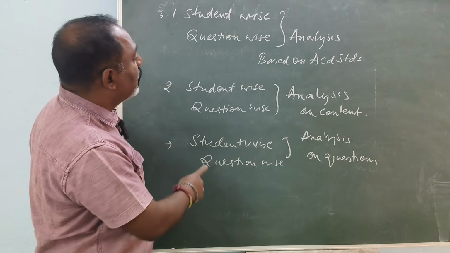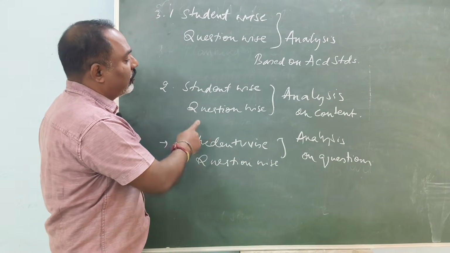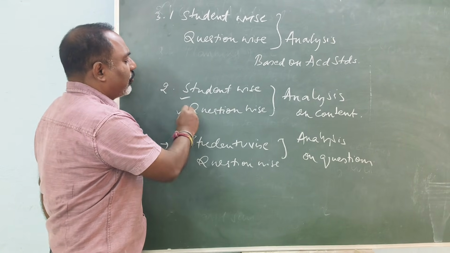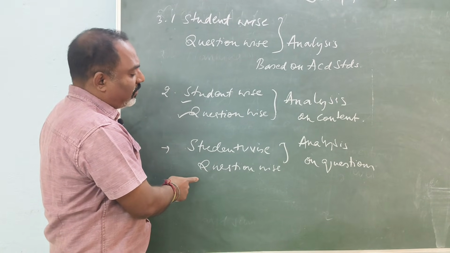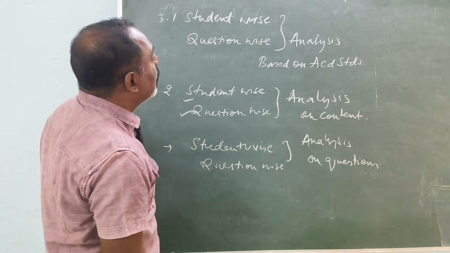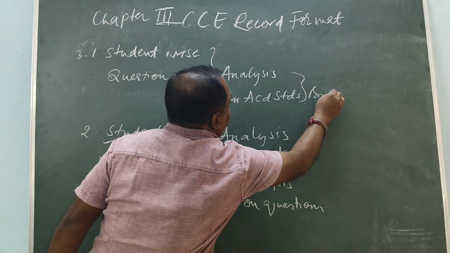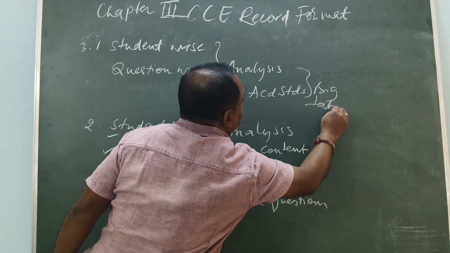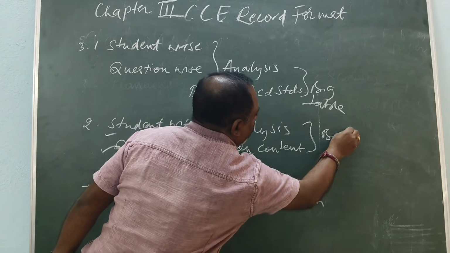Then the second is analysis based upon content, student-wise and question-wise. And then the third point is student-wise as well as question-wise analysis on questions. So all these three include a big table, because, depending on the number of students, you will have a big table.